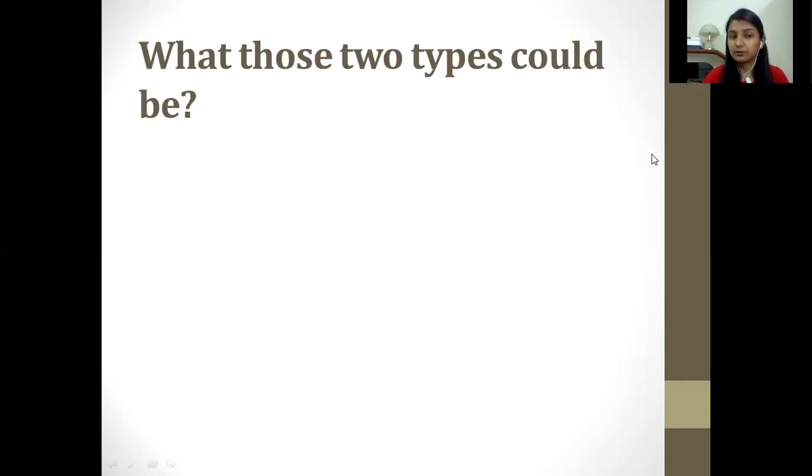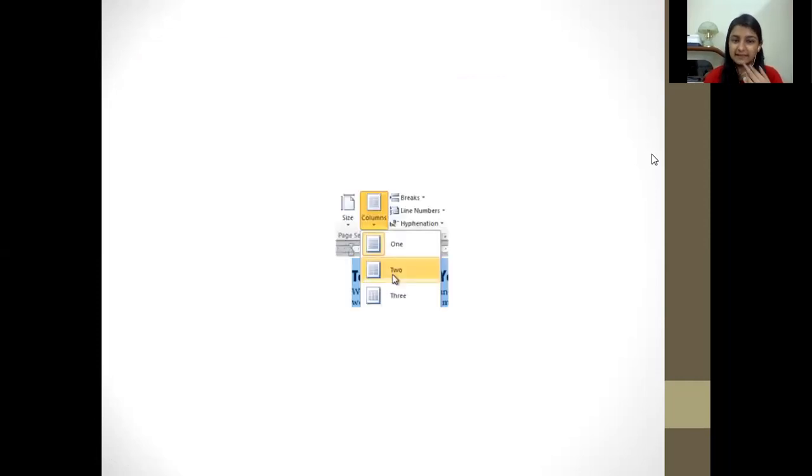Yes. So students, now what you can observe is there could be two types of columns. What do you think? There could be any two types for this. Let us understand how this is. With the help of this image, you can observe that when we click on the option that is columns, we receive three options under it, that is 1, 2 and 3.